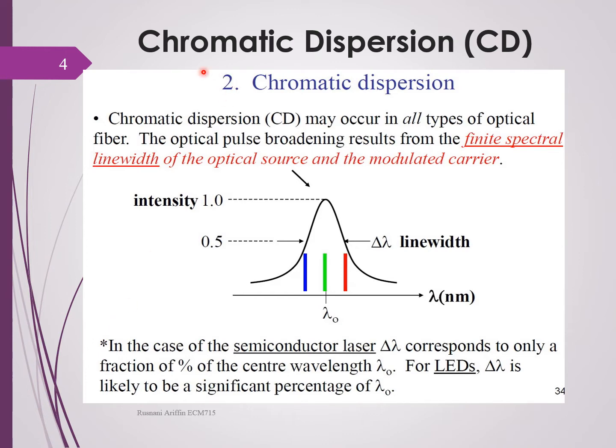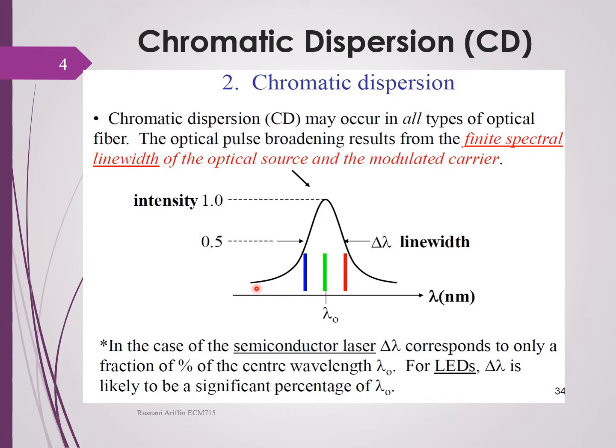Now, let us see chromatic dispersion. Chromatic dispersion occurs in all types of fiber, no matter whether it is multimode fiber or single mode fiber. Why does chromatic dispersion occur? It occurs because of optical pulse broadening that results from the finite spectral line width of the optical source and the modulated carrier.